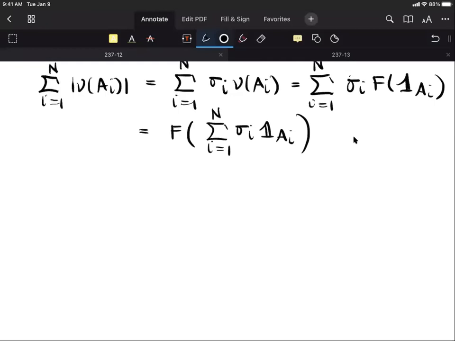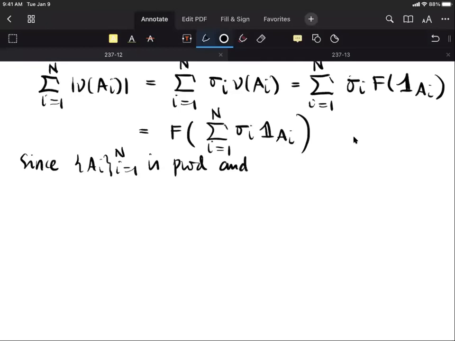Now, since this is pairwise disjoint, this sum will be non-zero for precisely one index. Okay, so in other words, if this sum is 1, then this quantity must be either positive 1 or negative 1 on precisely one index.